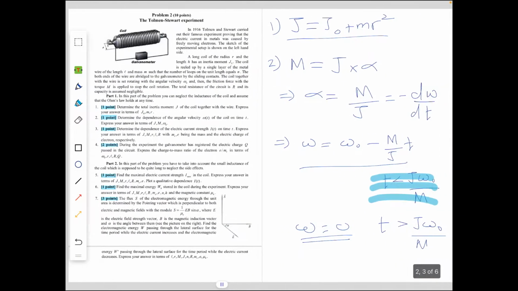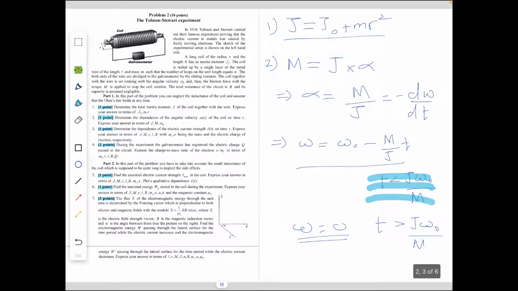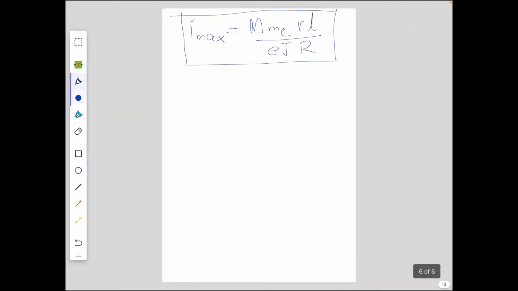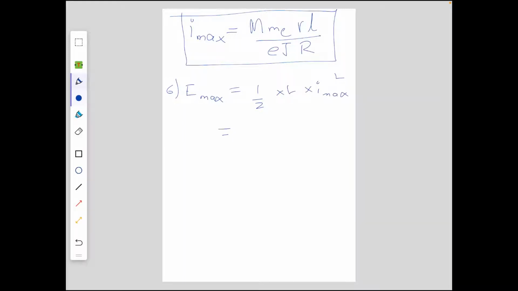Now, find the maximum energy W naught stored in the coil during the experiment. This is simply half L i square, so half L I max square, which in the end gives us the answer mu naught pi h by 2 into n m m e r square L over ejr.